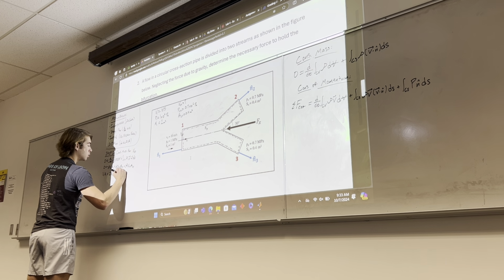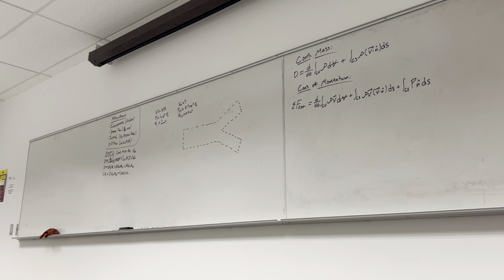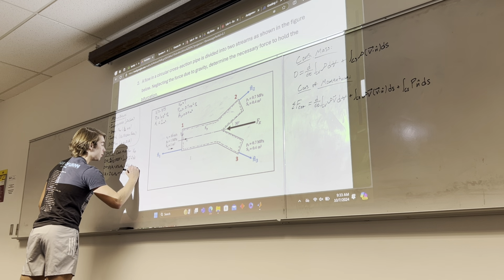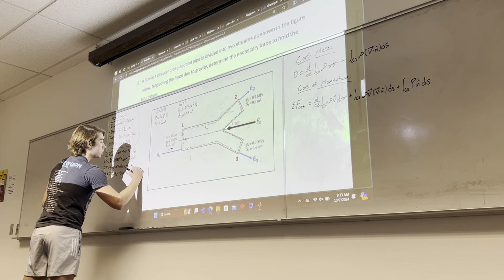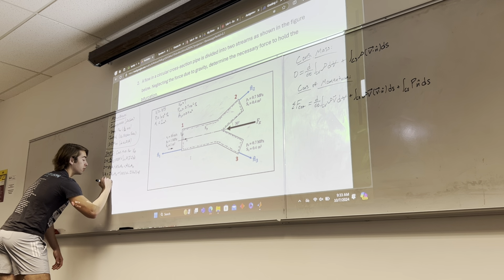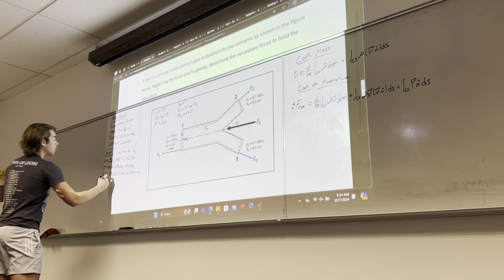So we've got 10 times 1 equals, let's see, 2 times v23 times 0.4. So solve for v23, obviously. v23 equals, I think it's 12 and a half. Yeah, 12.5 meters per second.